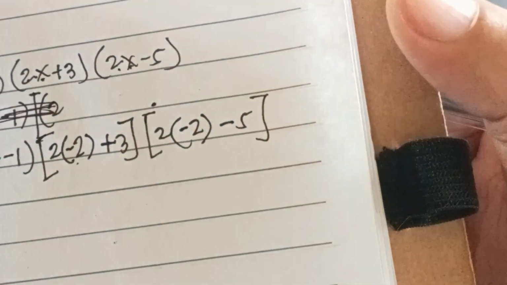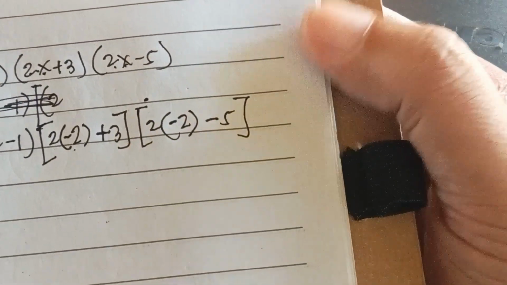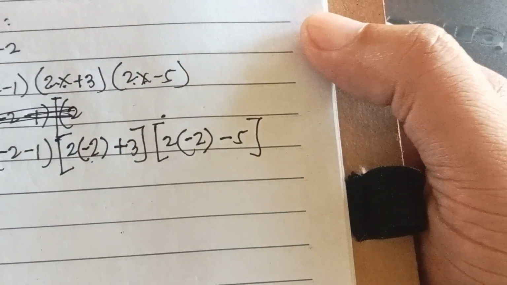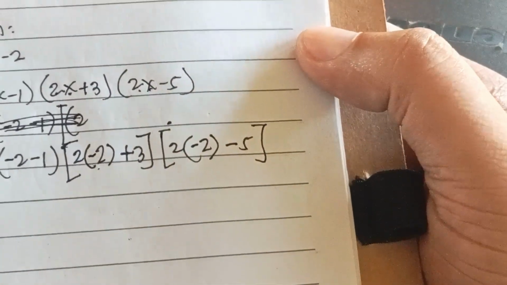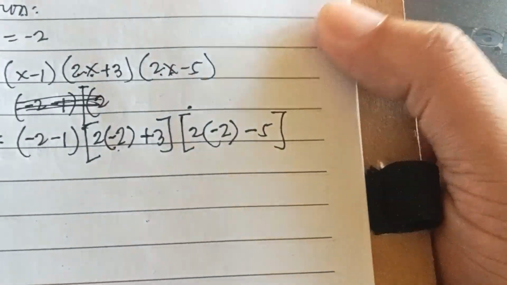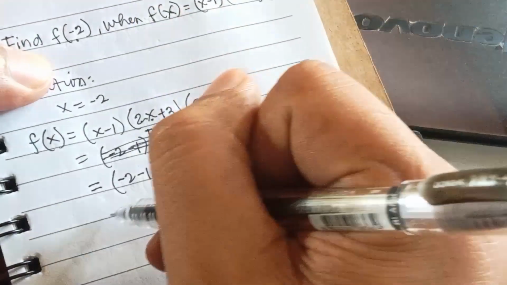Okay, so try to familiarize yourself with these grouping symbols if you are not used to this kind of grouping symbols that separate the inner terms and the outer terms as you continue with your solution. Okay, let's continue.